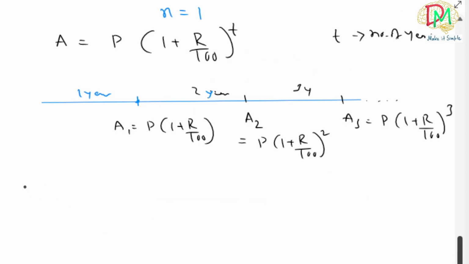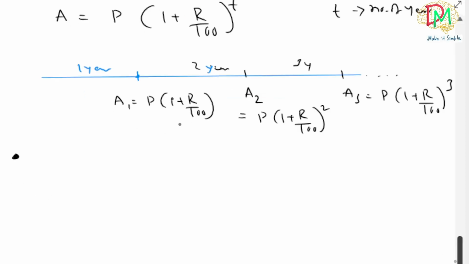Now you should have clear knowledge of where we get this compound interest from. Look at this. Suppose this is the principal and this is the rate of annual interest.